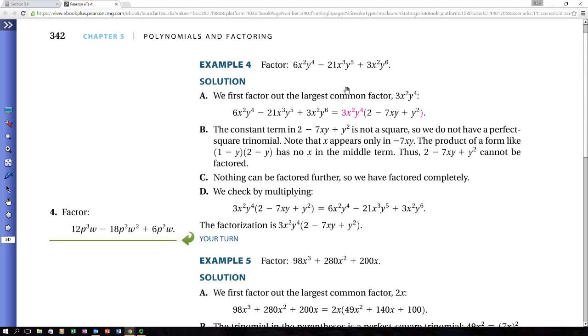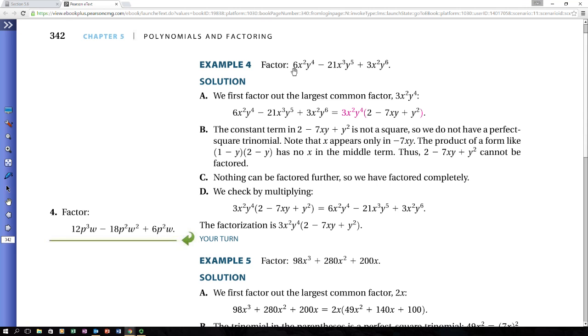In this case, the common factor is 3x squared y to the 4th. I would do this by listing the prime factors. It's pretty easy to see what the primes are on x squared and y to the 4th. That's x times x and y times y times y times y, right? But sometimes it's very easy to miss the coefficients for common factors.